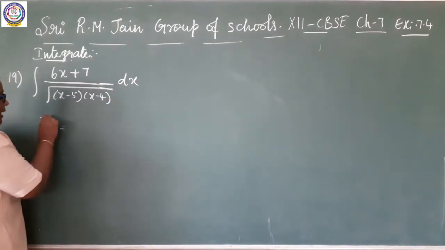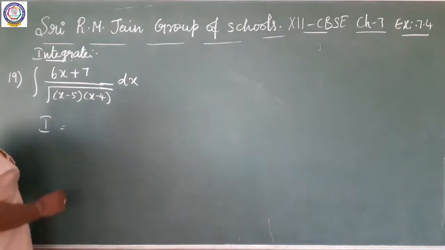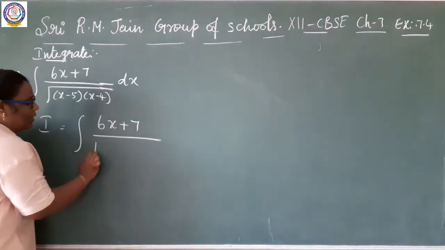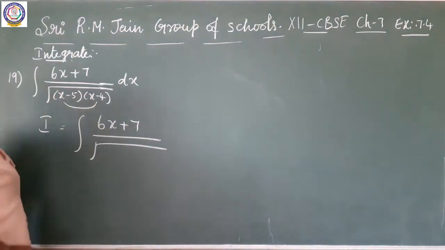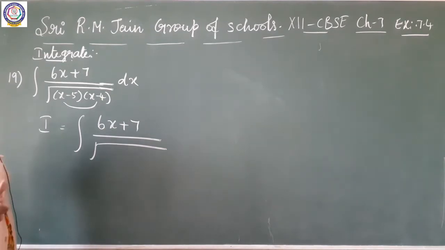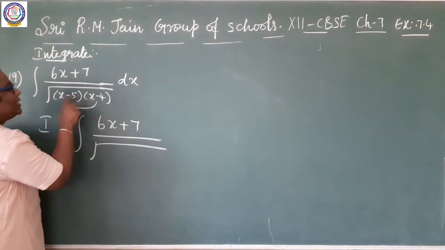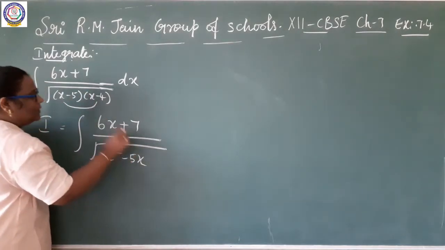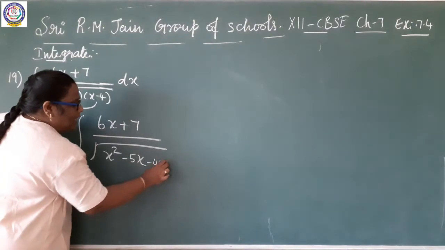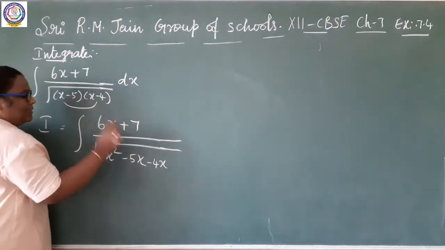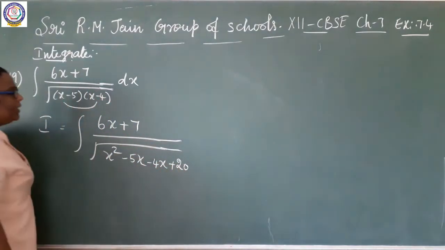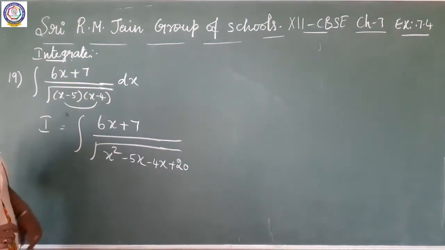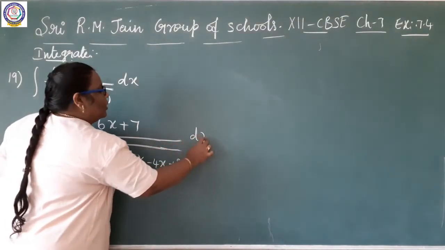First see here, you can take it as I equal to integral (6x plus 7) by root of, you can multiply these two terms, you get the quadratic x square minus 5x minus 4x plus 20 into dx.